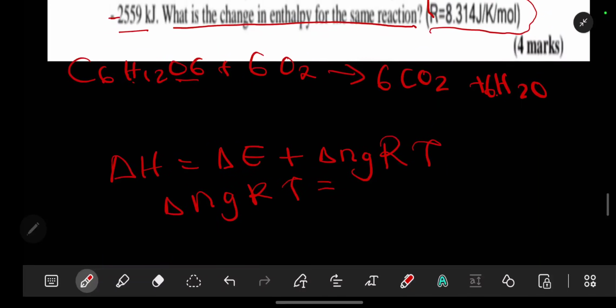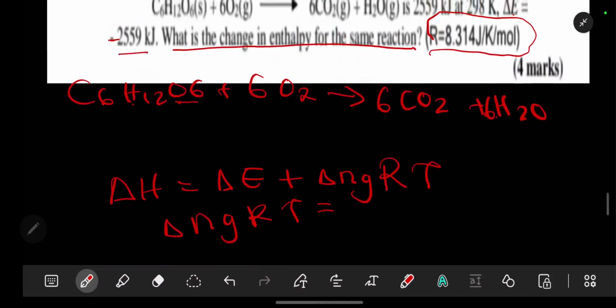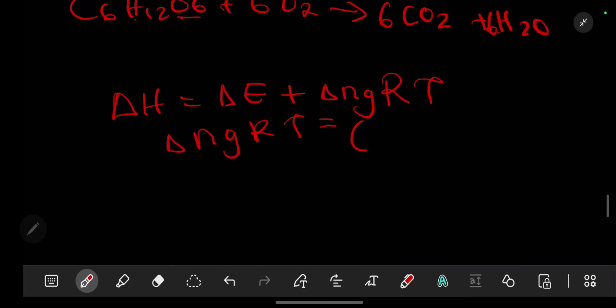So the change in n_g, the number of moles of gas, will be equal to the number of moles of gas in the products minus the number of moles in the reactants.